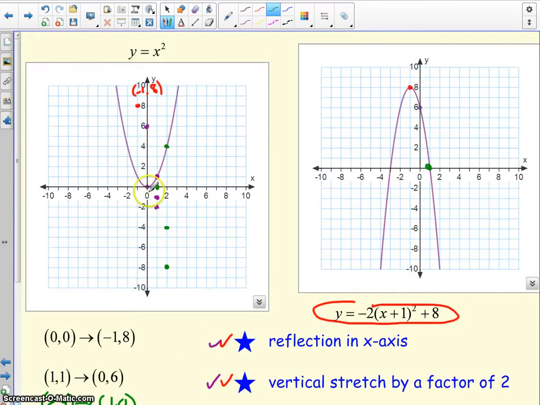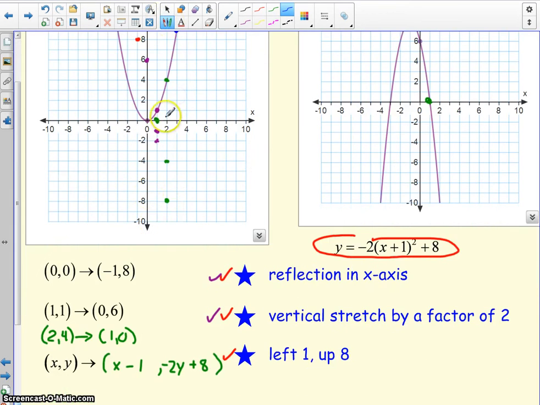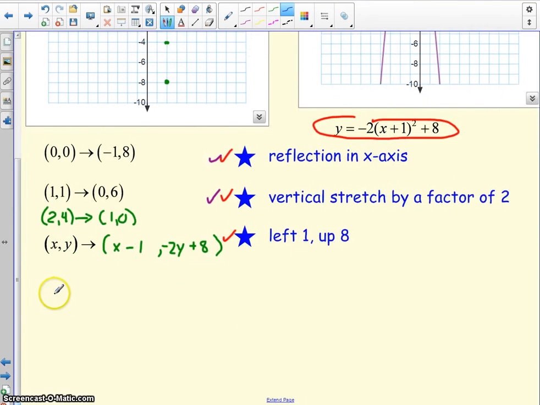Let's try it. Let's take another point that's on here that we haven't tried yet. If we look on here, when x equals 3, y equals 9. Instead of actually going through the transformations on the graph, let's use our new rule. So let's take (3, 9) and throw it into this new rule. If x is equal to 3, the x value we're starting with is 3, so we have 3 minus 1.